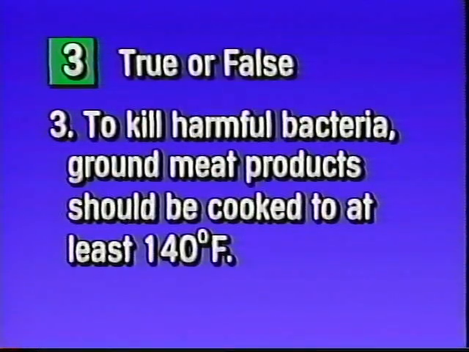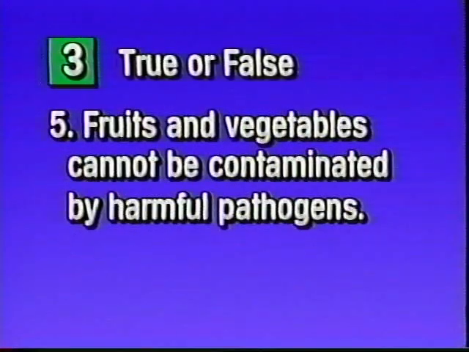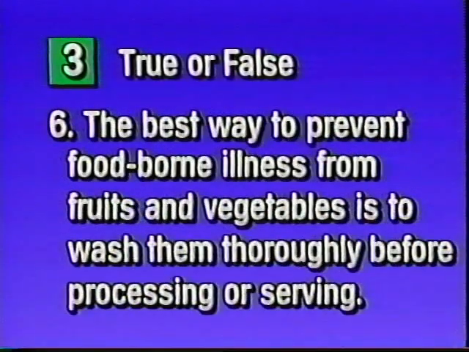Four, when cooling leftover food, the food should be cooled to 41 degrees Fahrenheit within 4 hours. Five, fruits and vegetables cannot be contaminated by harmful pathogens. Six, the best way to prevent foodborne illness from fruits and vegetables is to wash them thoroughly before processing or serving.